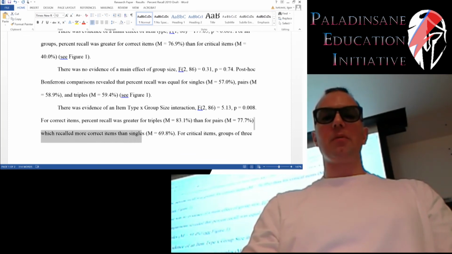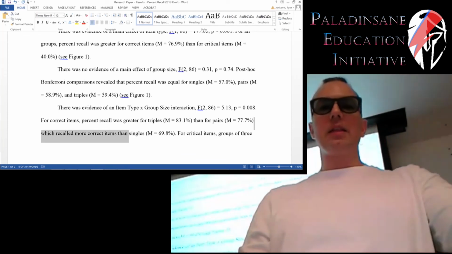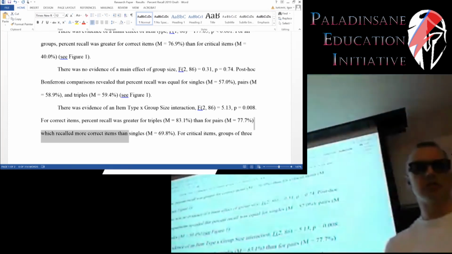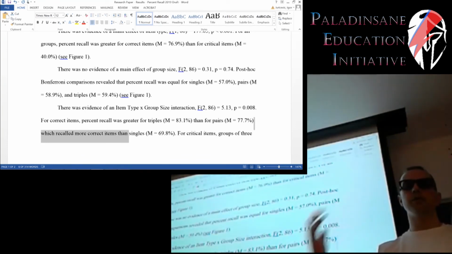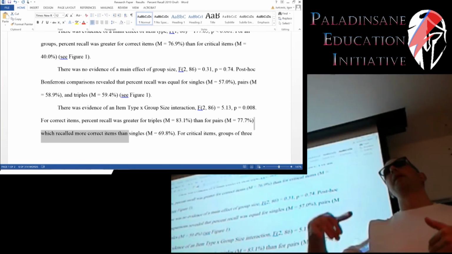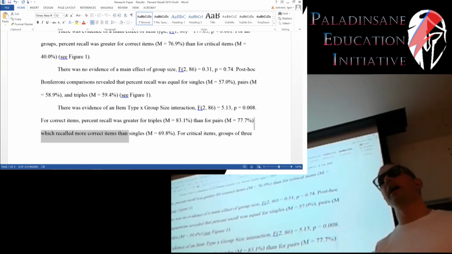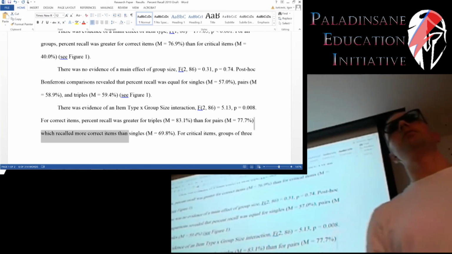All right, so we need a little bit more work here. We got to get that little part here. So percent recall was greater for triples than for pairs, and now we need to communicate that that was also the case for singles. So what can we write there?